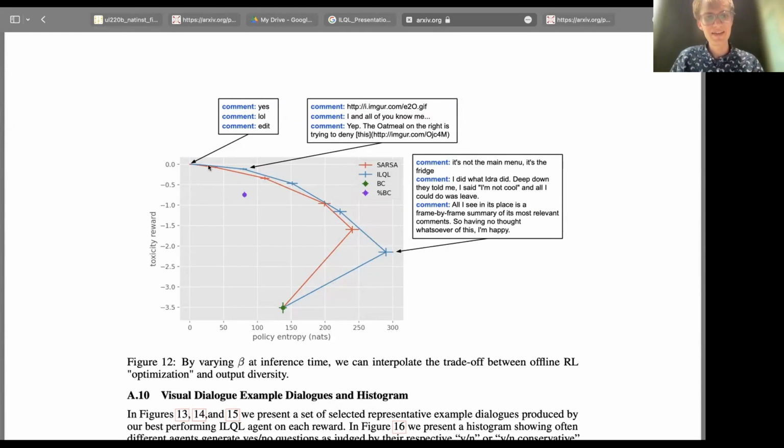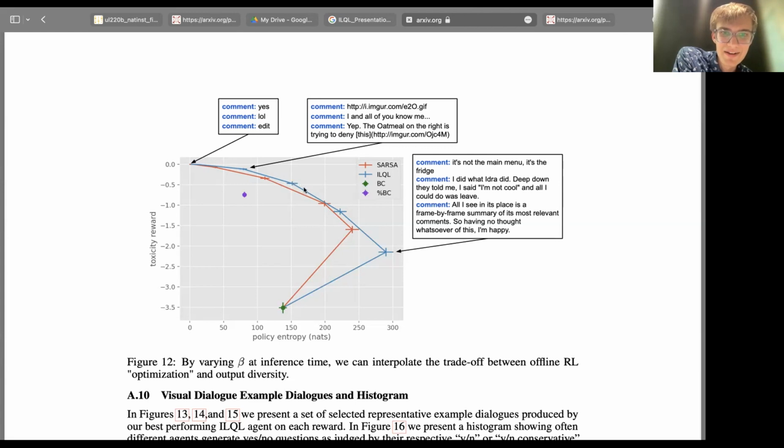So it does that. But you can interpolate between the two: if you set beta to 0, you're just generating the data policy. If you turn beta all the way up, you're going to be optimizing really hard. Here we measured the policy's entropy as you turn up the beta value, and as you turn it up, the entropy collapses and it gets more and more optimized.